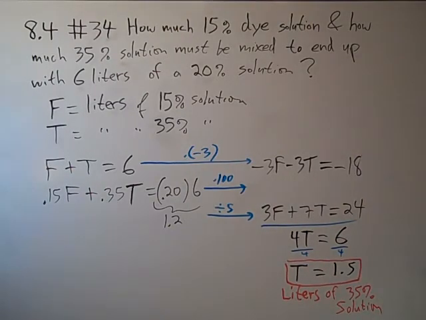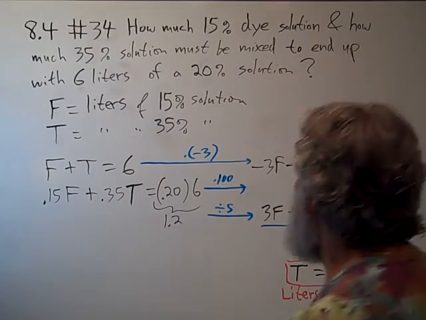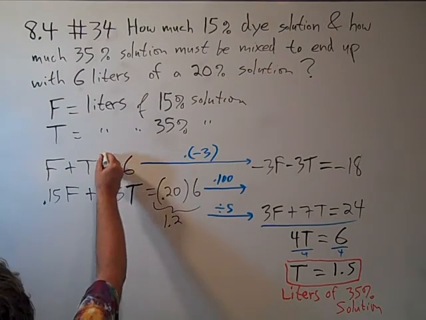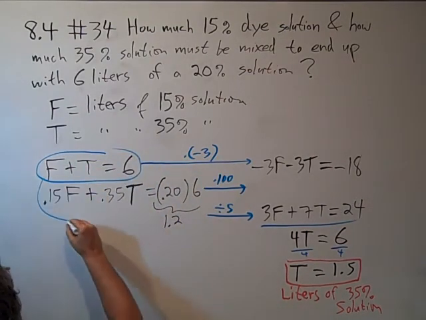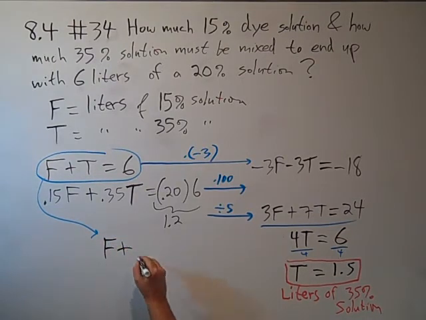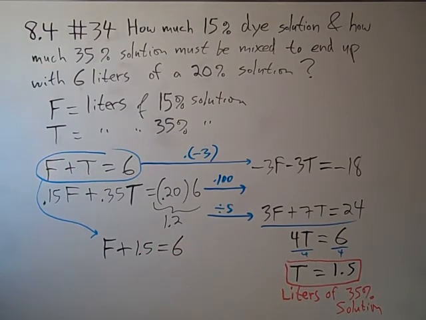So that's how much of the 35% solution you need, and therefore the rest must be 15% dye solution. So from the first equation we know that the amounts have to add up to 6 liters. So F plus T, we know T is 1.5 now, adds up to 6.